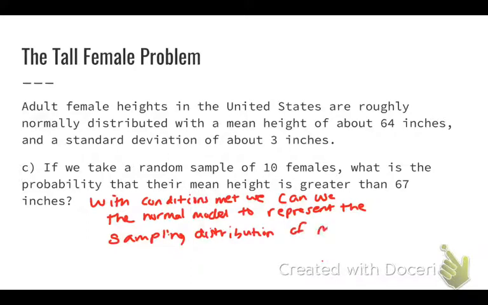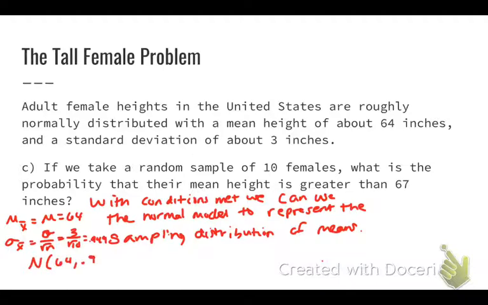Of means. And let's see, we said mu of x bar was equal to our mu, which is 64. Our standard deviation of x bar was sigma over the square root of n, so 3 over the square root of 10. I said that was 0.949, I'm going to round to that. So I got the normal model of 64, standard deviation 0.949.